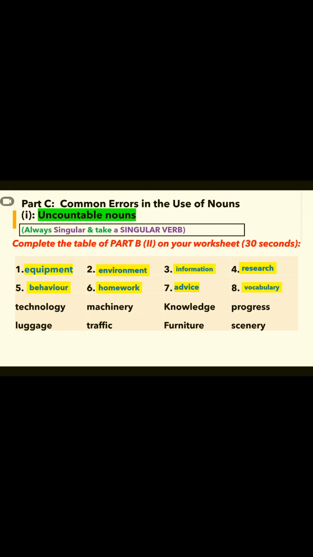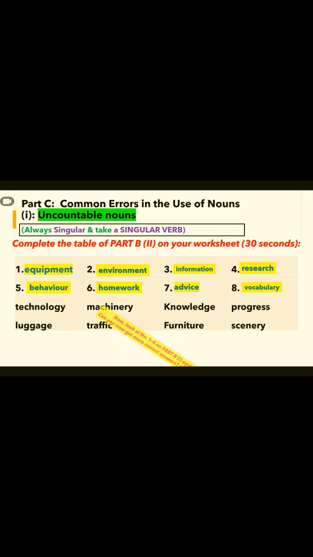And if you recall the kinds of nouns we learned in part A, many of them are abstract nouns that you cannot touch, smell, or see, like information, homework, knowledge, and some of them are a kind of collective noun like furniture, because it refers to a group of things like desks, tables, beds, etc.